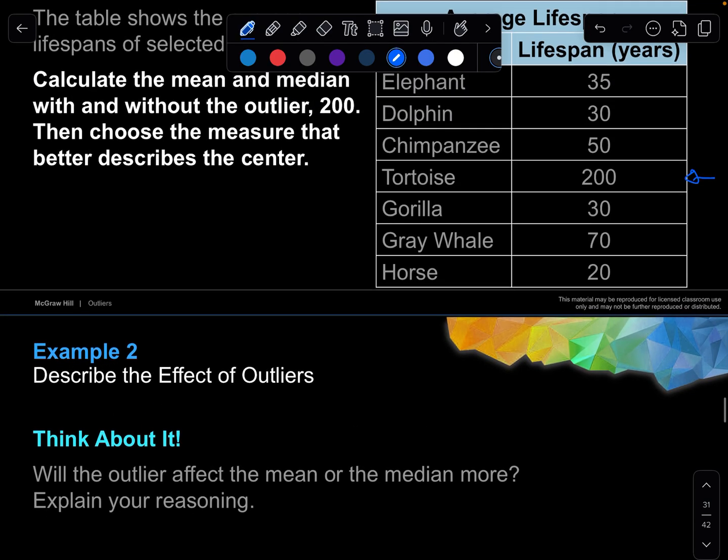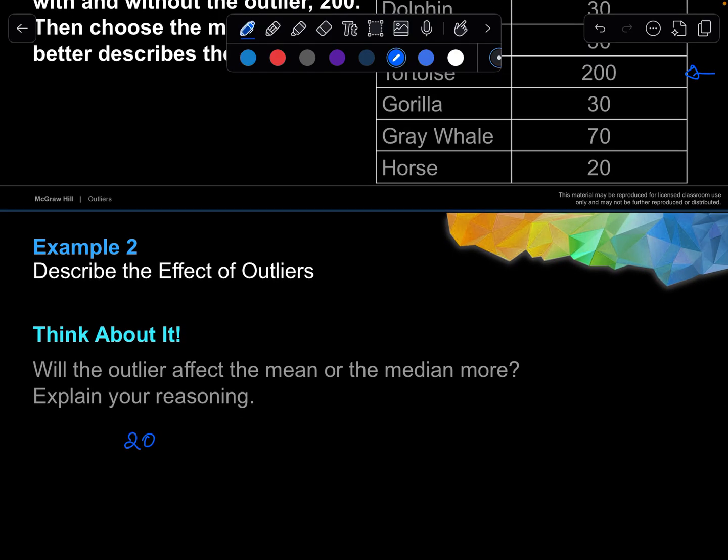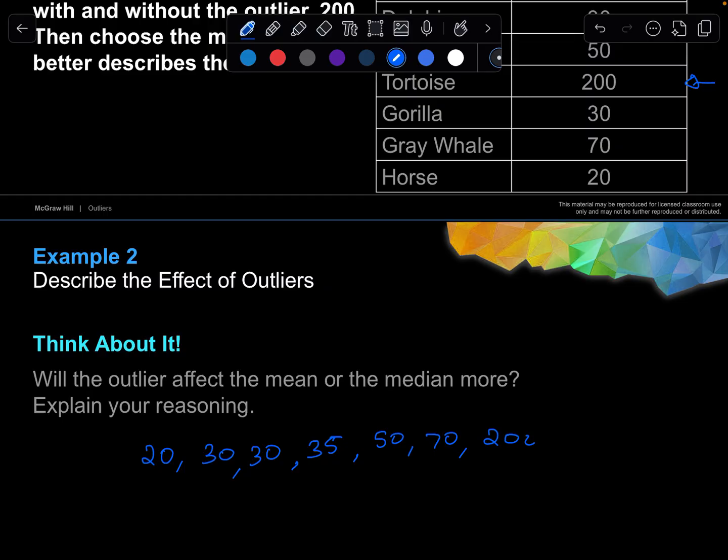If we were to organize this data, so I have 20, 30, 30, 35, 50, 70, 200, right?